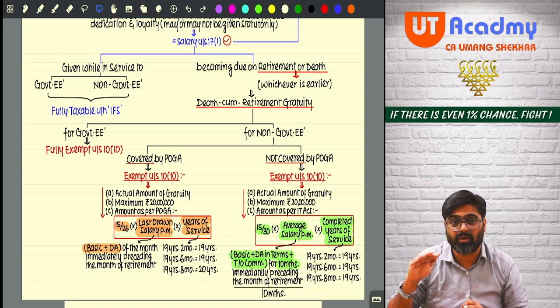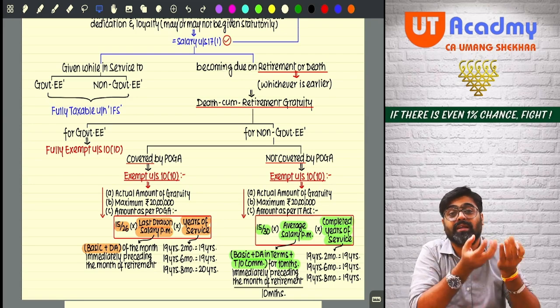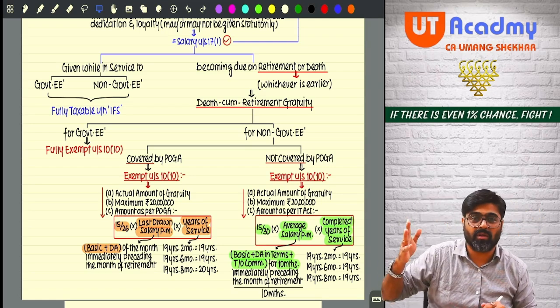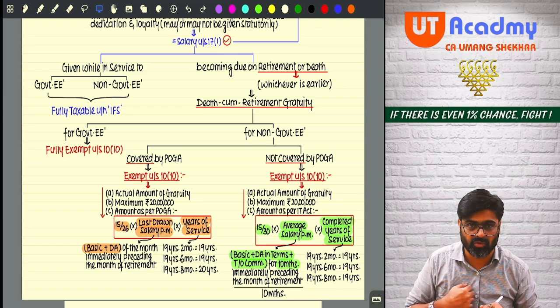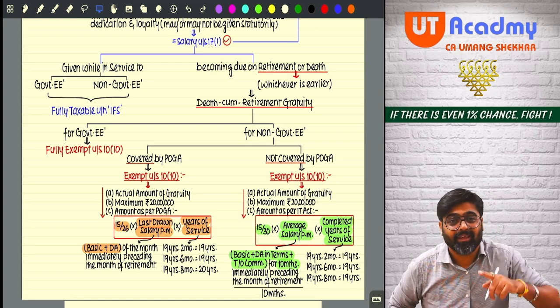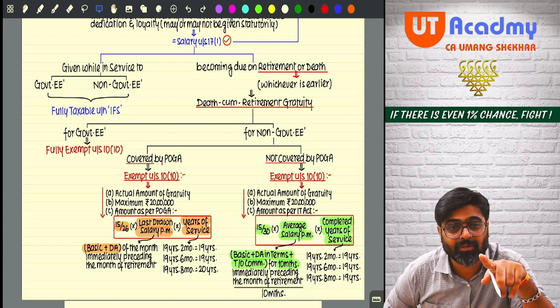So government cannot give the exemption in a biased way, saying that you are a government employee, you will get full, and you are a non-government employee, you will not get at all. Even we want the benefit of exemption. You should give the exemption to us also. But wait, giving the exemption fully to the non-government employees will be dangerous.